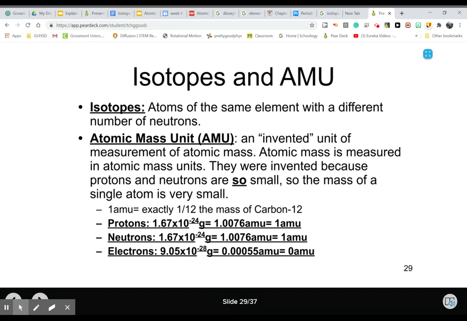So what is an isotope? Well, this goes back to Dalton. Dalton said that every single atom of the same exact element is exactly the same, but that's not actually true, because you could have some atoms of carbon that have a mass of 12, and some atoms of carbon have a mass of 13, and some have a mass of 14.